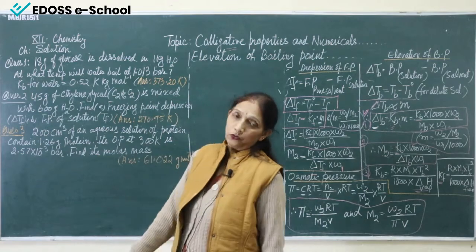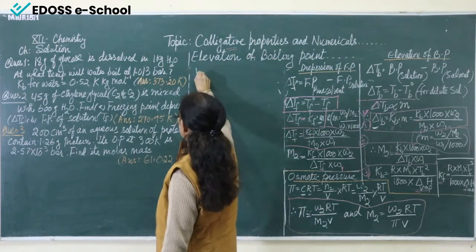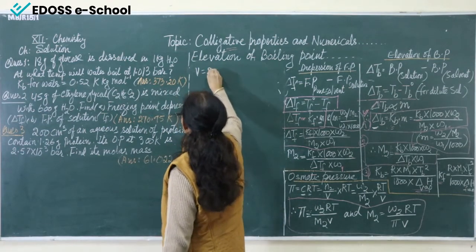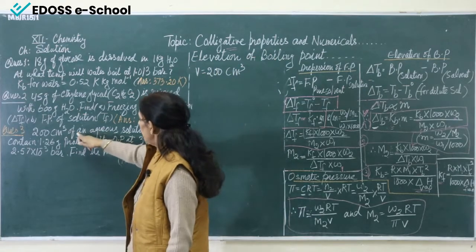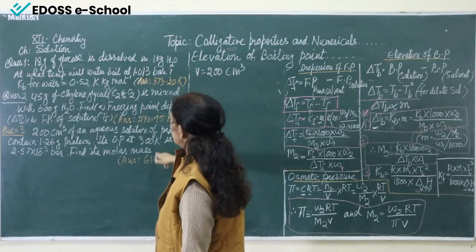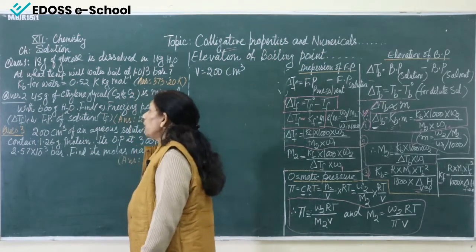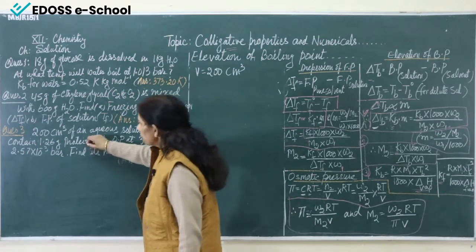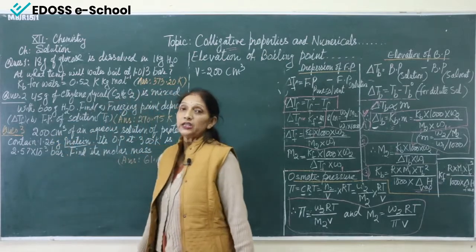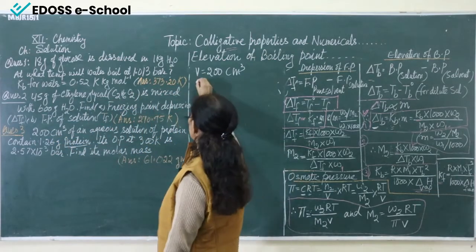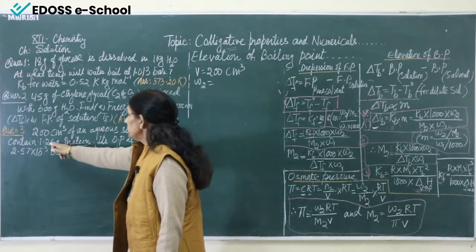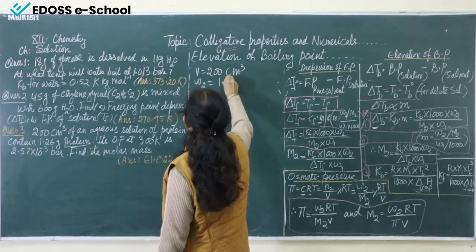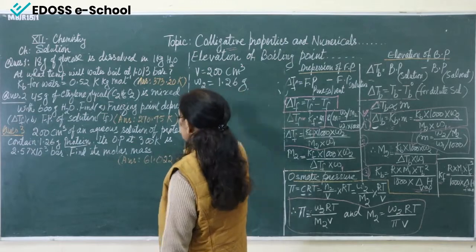So see here, what is given? 200 centimeter cube, that means volume is given to you. This is 200 centimeter cube of an aqueous solution of protein containing 1.26 gram protein. So we are talking about solute. Protein is solute, that means W2, the mass of solute, is equal to 1.26 gram.